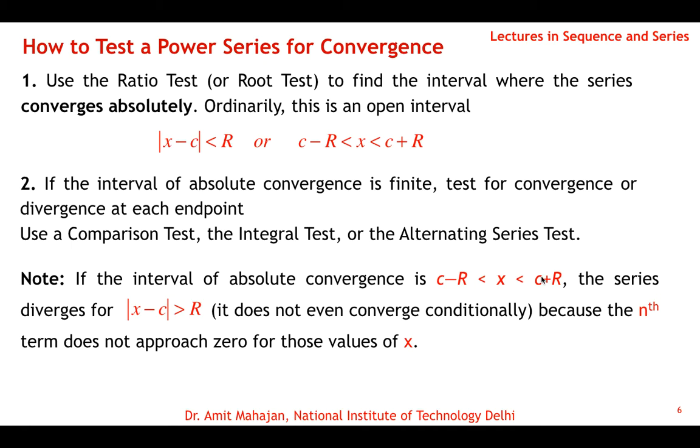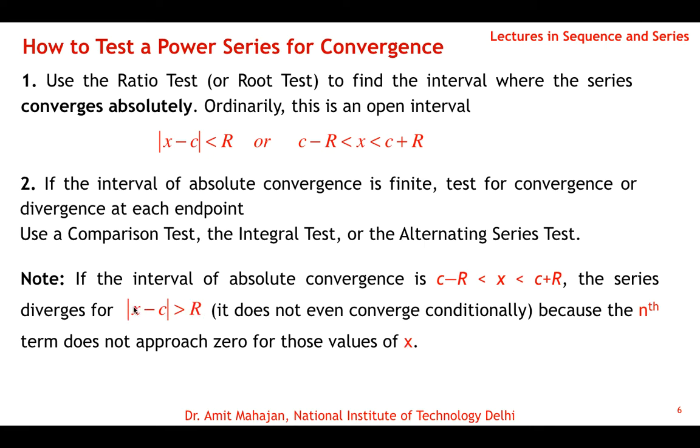One third important point to note is that if the interval of absolute convergence is c minus r to c plus r, then the series is definitely going to diverge outside. That means for all x satisfying absolute value of x minus c greater than r, it does not even have a conditional convergence for these points x which are outside this interval, because the nth term does not approach 0 for those values of x.